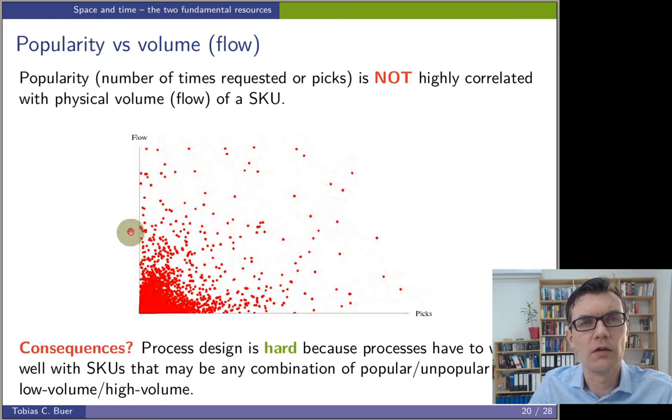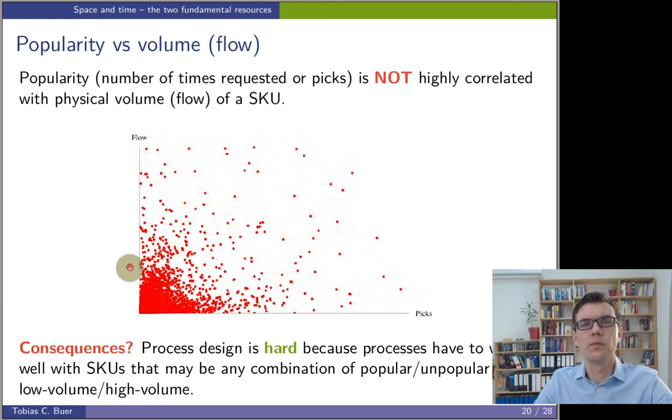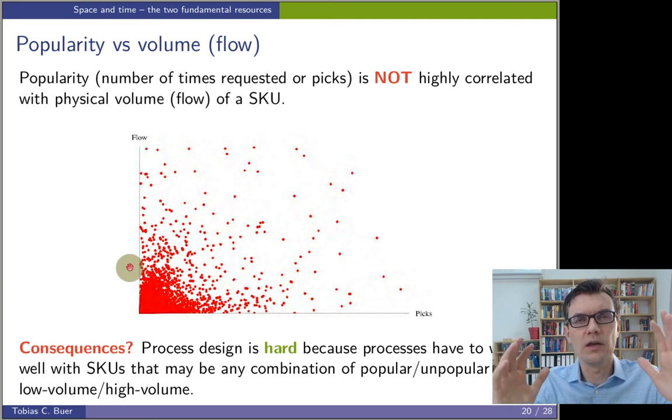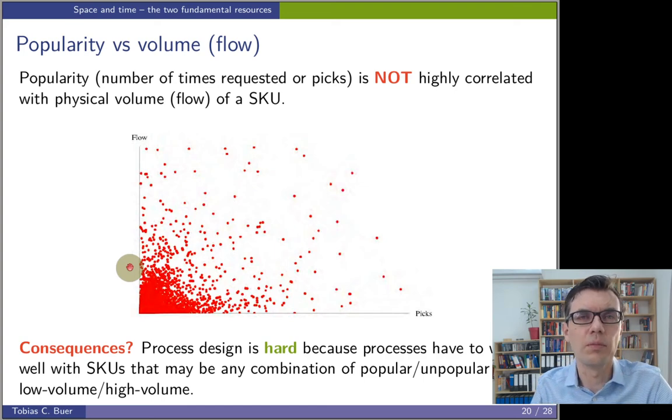And on the y-axis, you have the flow of the items, and the flow is measured in physical volume. So if we request one item that is very large, this creates some physical flow. And when we request, on the other hand, small items, but we request them many more times, then the physical flow might be similar for both products. Okay.